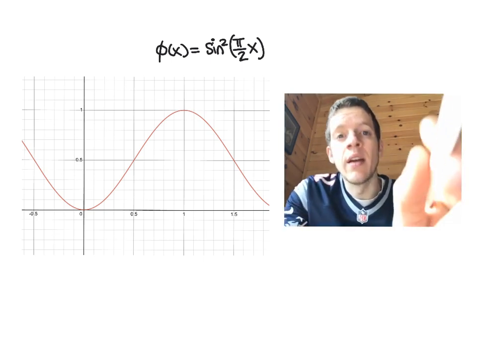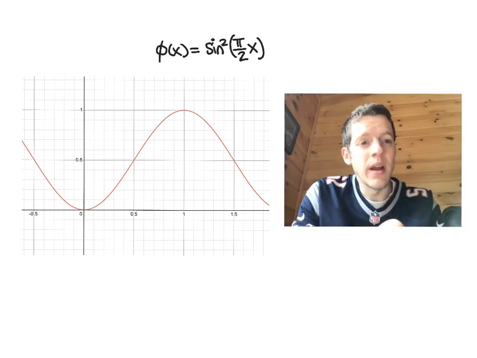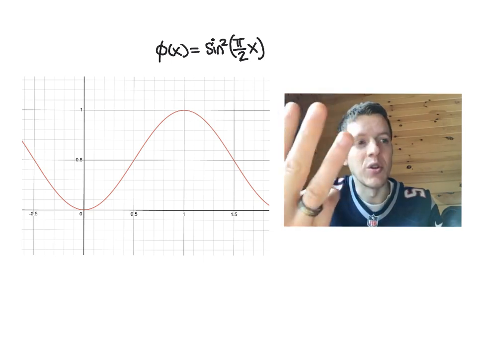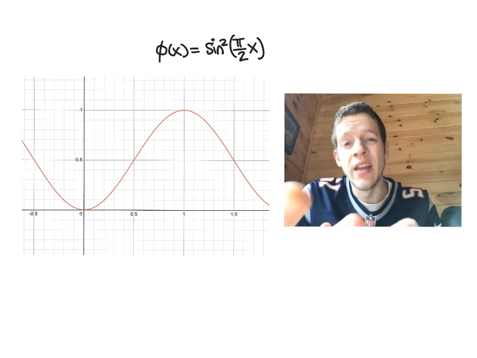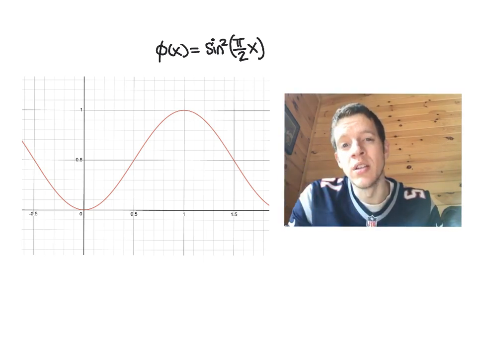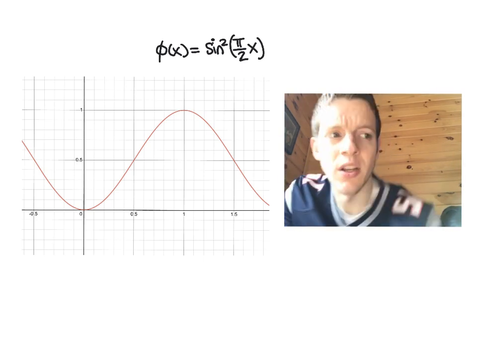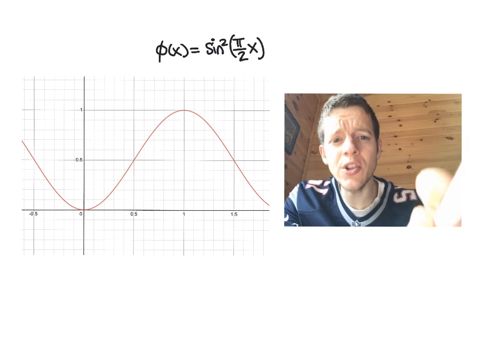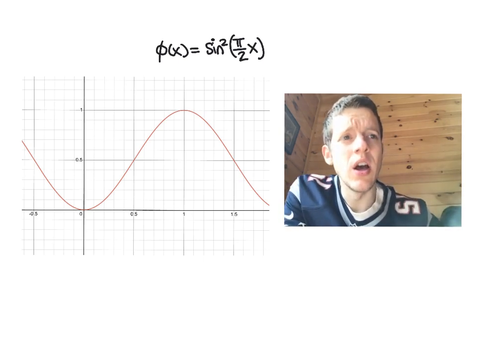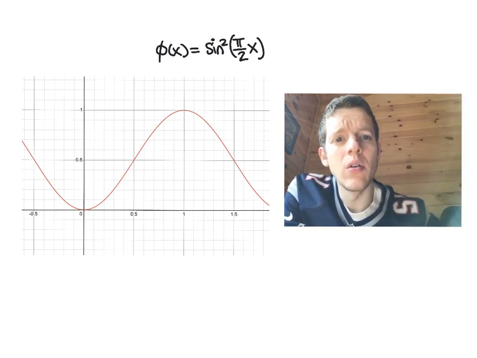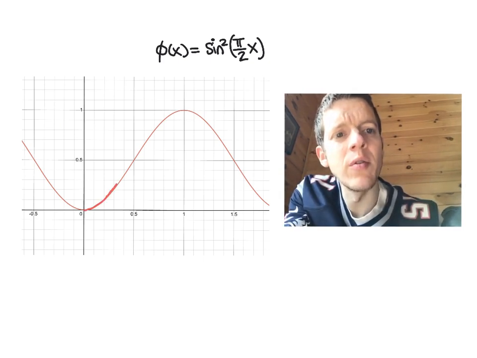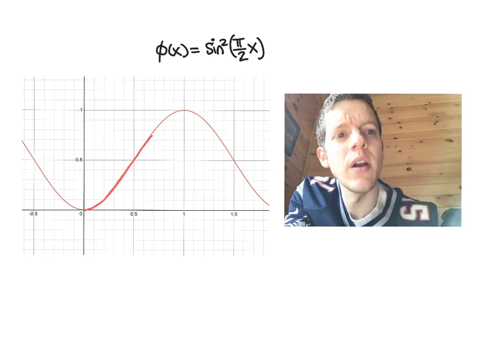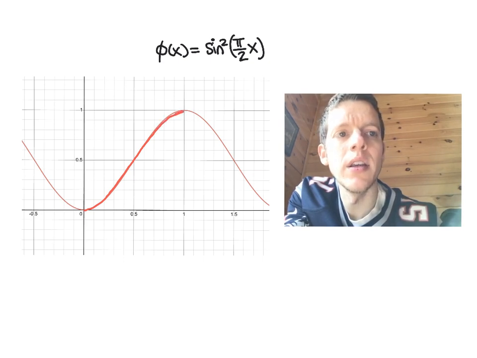The first thing we talked about in the last slide is we have to show it's a homeomorphism. There are 3 properties of a homeomorphism: 1-to-1, onto, and that the function itself is continuous and the inverse is continuous. So let's verify 1-to-1 and onto for this function graphically. We're only working on the interval from 0 to 1, so the only part of this graph that I care about is this part here.